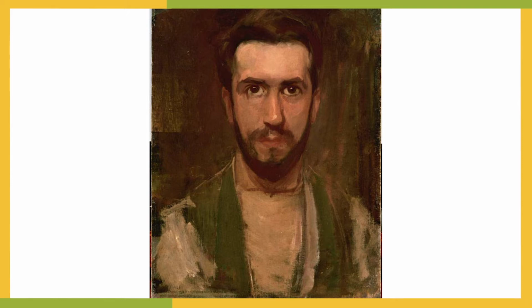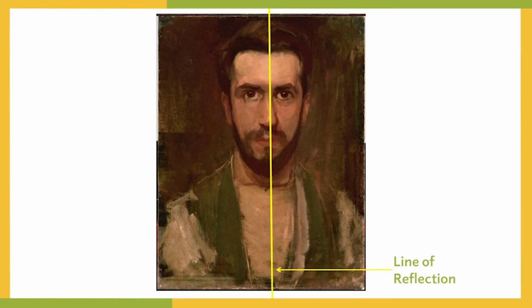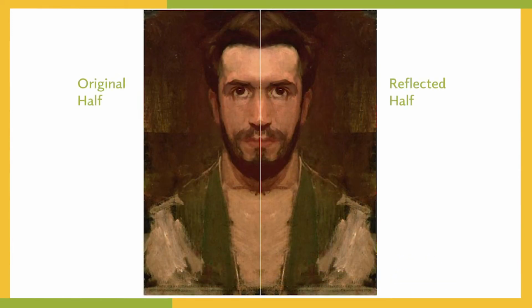Okay, so now we are looking at Mondrian's self-portrait, and we're thinking about this as a reflection. The yellow line represents the line of reflection. What's going to happen next is that we are going to reflect this left-hand side of the painting. So now we have a perfectly symmetrical Mondrian.